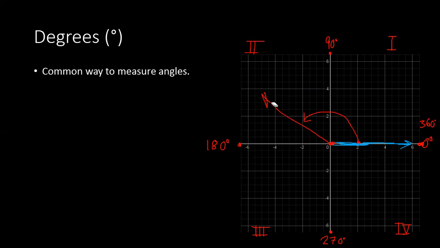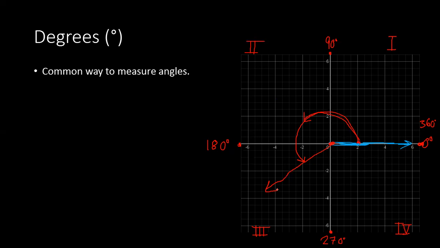Now, how about if it goes greater than 180 degrees? You go even further and stop right here. That means the terminal side is located in the third quadrant. Here, the angles formed are between 180 degrees and 270 degrees, but the ends are not included.